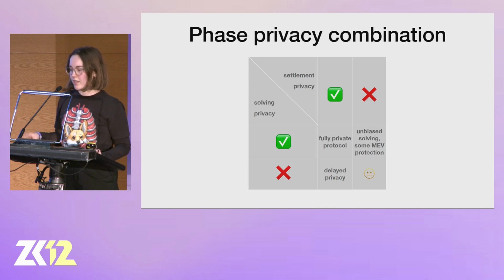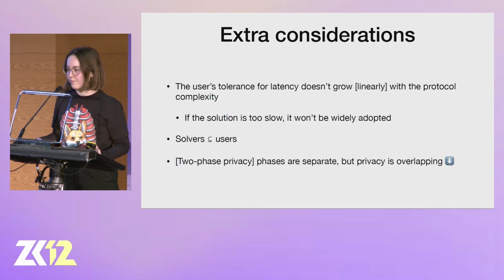As long as nobody can see what's going on in the intent solving stage, you're good, but it's a bit shady. At the same time, you can also have solving privacy without settlement privacy, which allows you to have somewhat unbiased solving because solvers cannot see what they're solving. They just know that something matches, and some MEV protection for the same reason. And if you don't have either, it's irrelevant, no privacy at all.